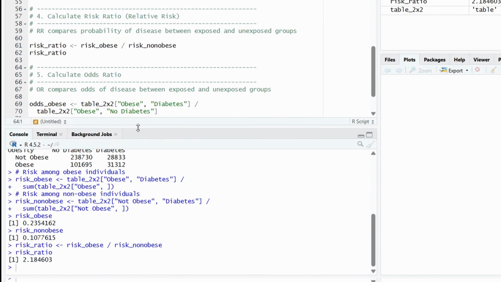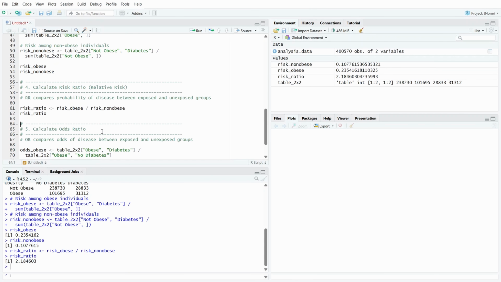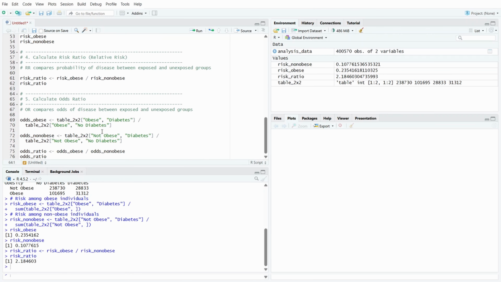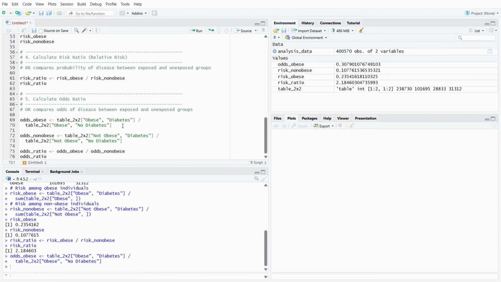Finally, we calculate the odds ratio. Instead of probabilities, odds compare number with disease divided by number without disease. The odds ratio is commonly used in logistic regression and case control studies.